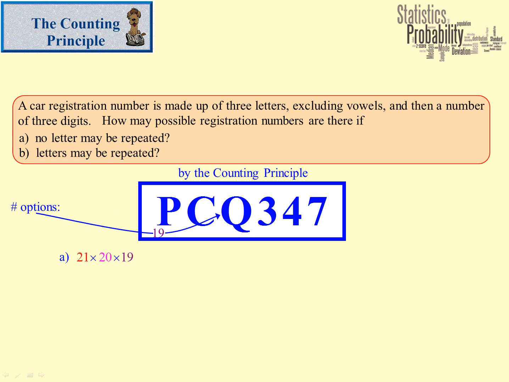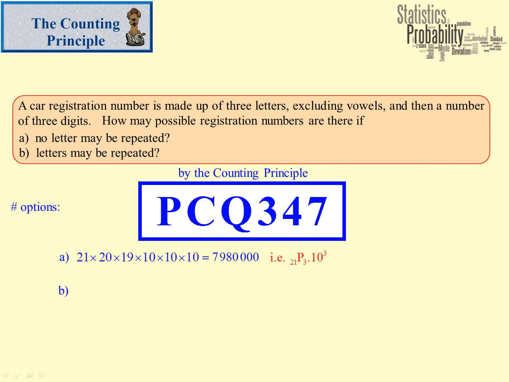Now, it doesn't say anything about not repeating the digits, so therefore we can have 10, 10, 10. By the counting principle, we multiply them together and we obtain that number, which is actually 21P3, an arrangement of 3 letters from 21, times 10 cubed.